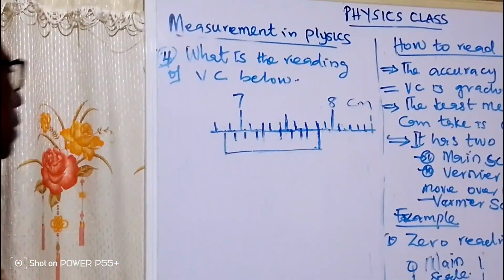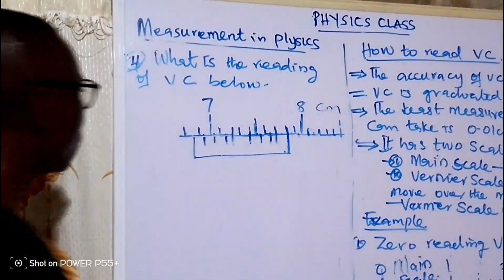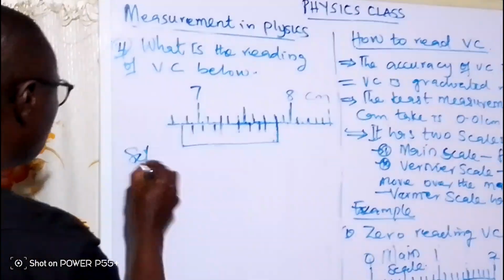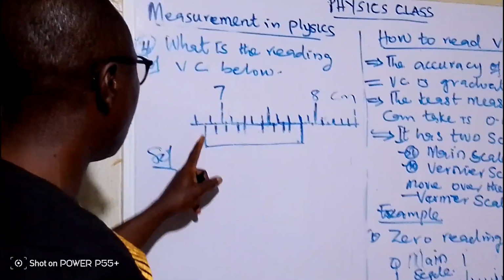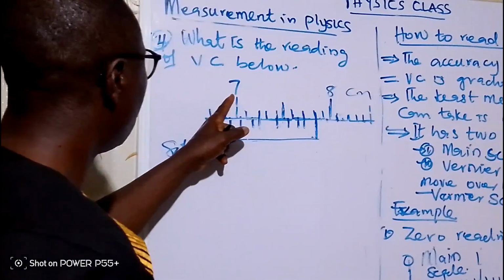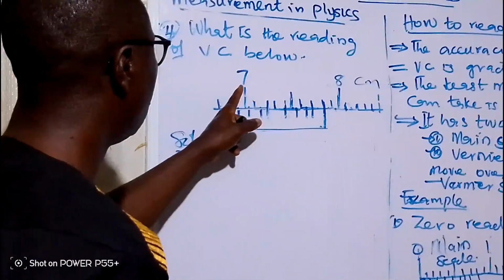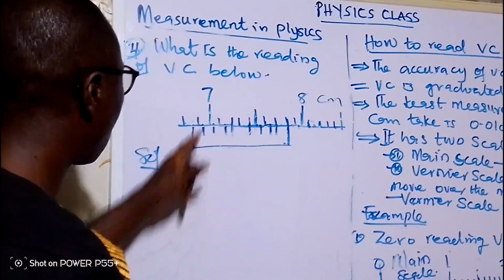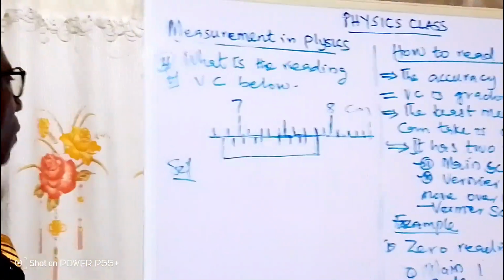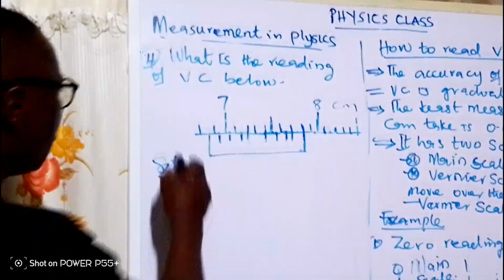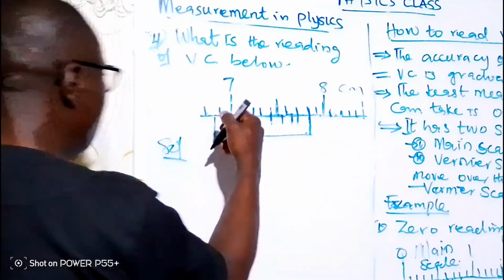Let's take this one as the last example under vernier caliper. The vernier scale is here, but the first value on the main scale is 7. According to this diagram, part of it has been cut away because the vernier scale is beyond 7.